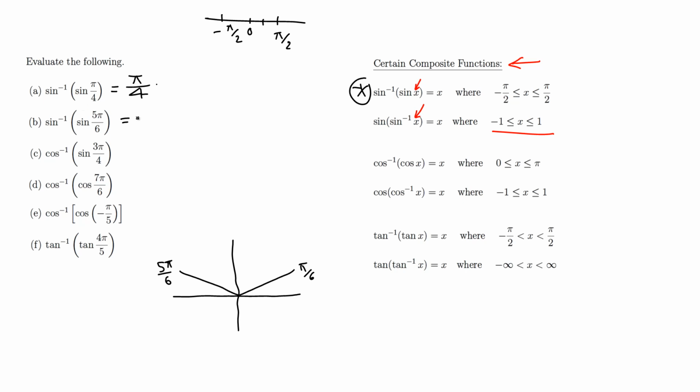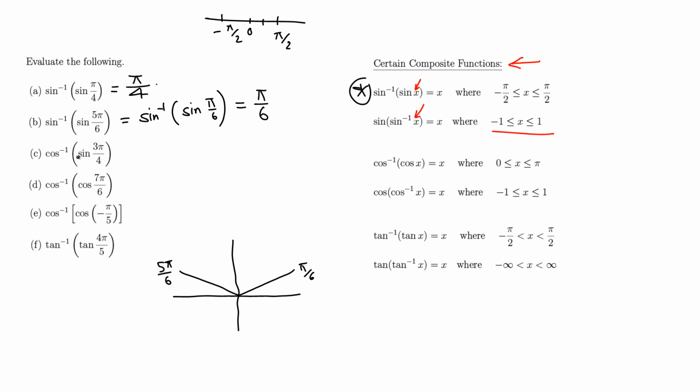So this is the same as sine inverse of sine pi over 6. Then now we can apply the first property. Sine inverse of sine x is just x, because our x is now in between negative pi over 2 to pi over 2.